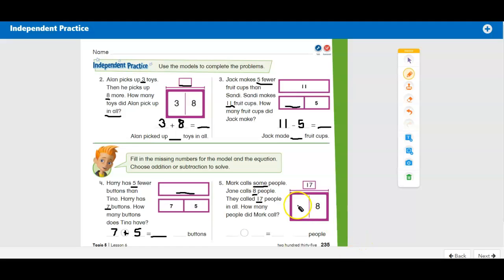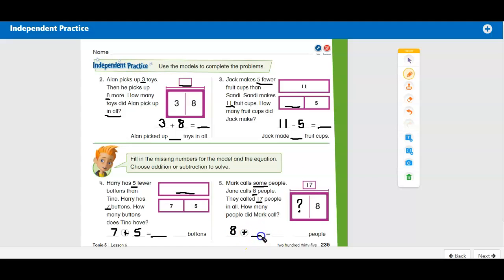So we are missing one of our parts. We don't know how many people Mark called. But we know that Mark's number plus 8 would give us 17. So we're going to set up our equations together. We know we're adding. We know we have to add together the 8 that Jane called, because that was part of our whole.